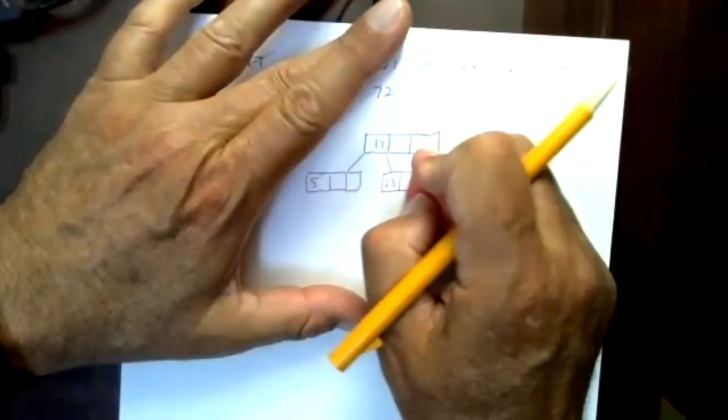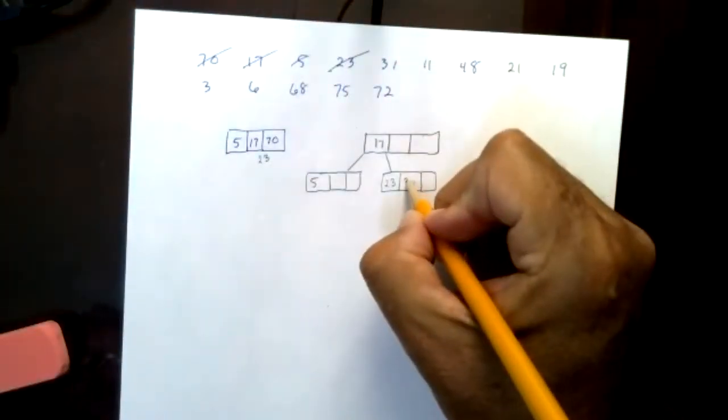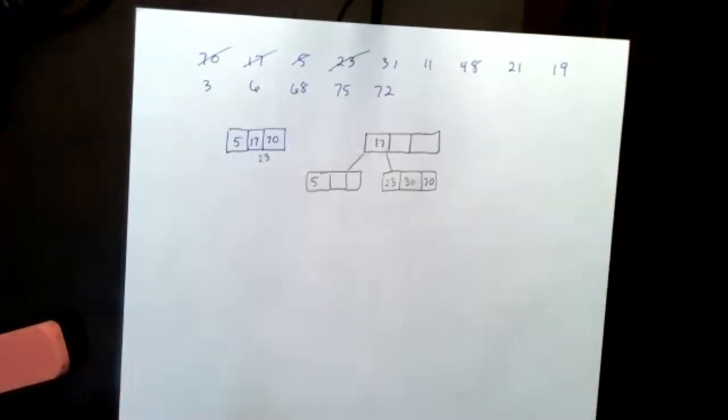31 comes in and moves my 70. Move it on over. Rock it on over.